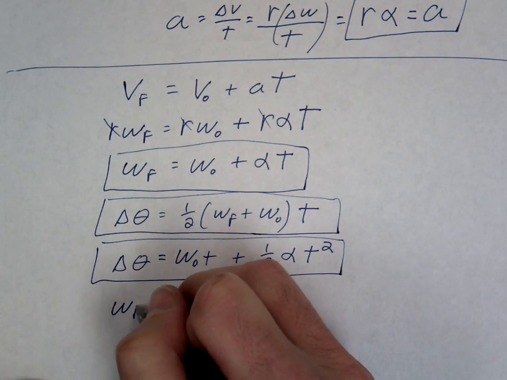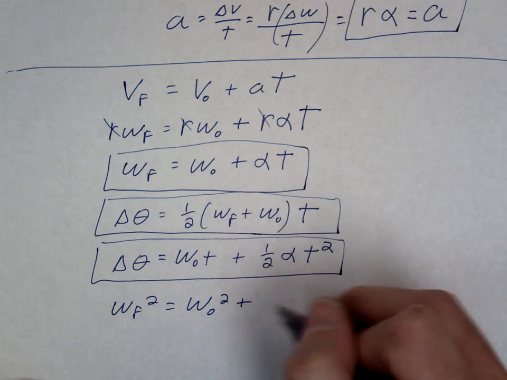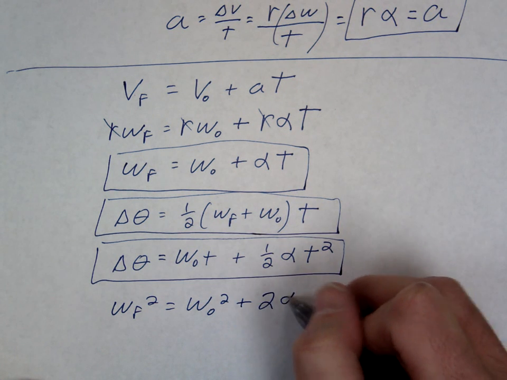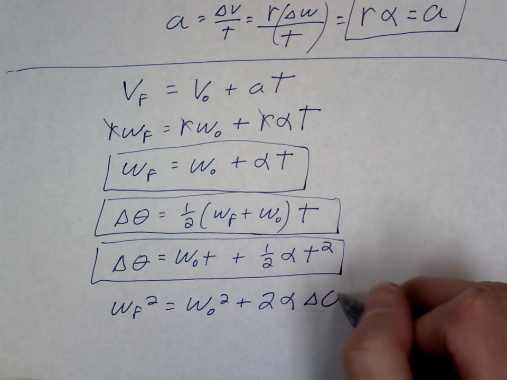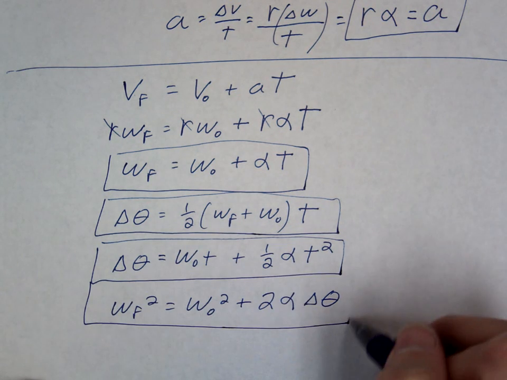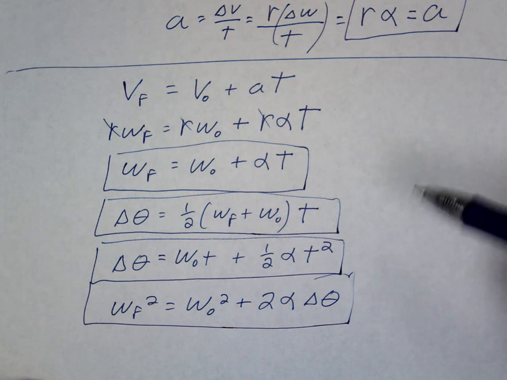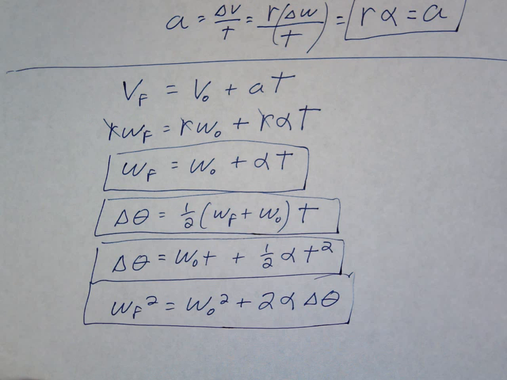Number 4, omega final squared equals omega initial squared plus 2 alpha delta theta. Okay, here are our 4 angular kinematic equations. Okay, so let's do an example here.